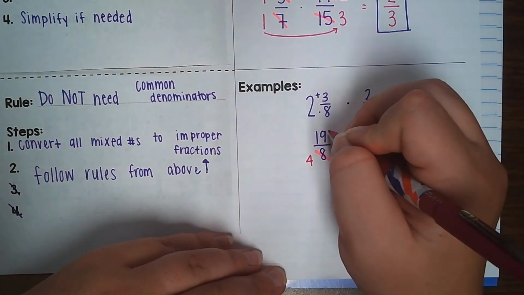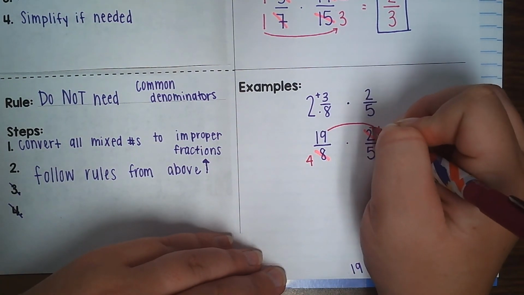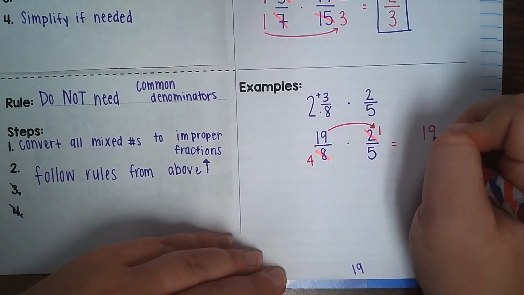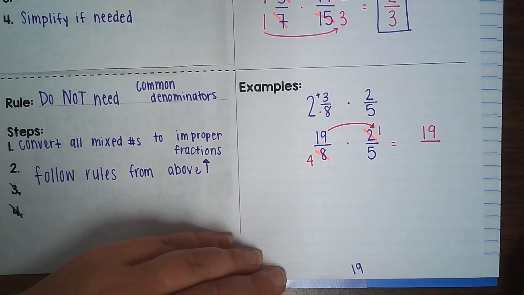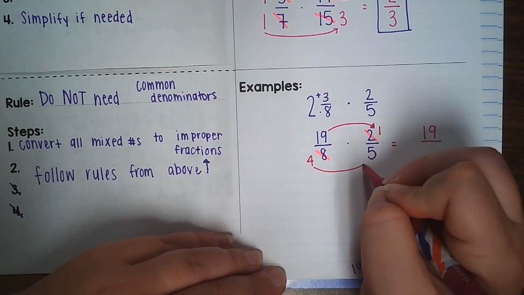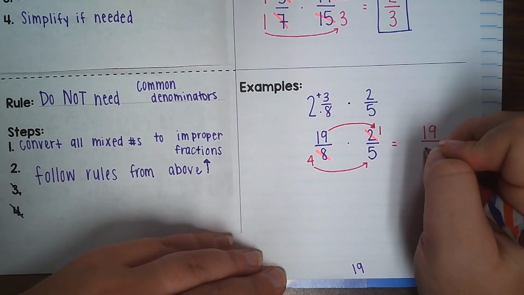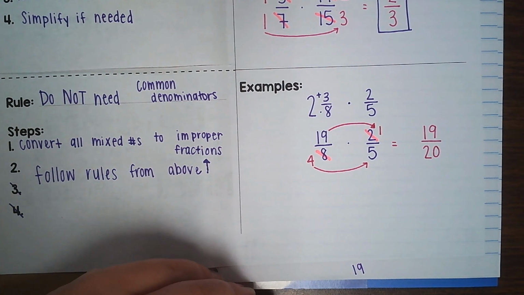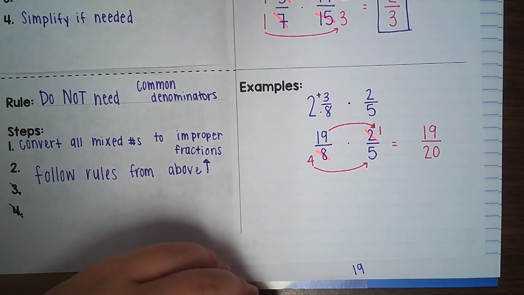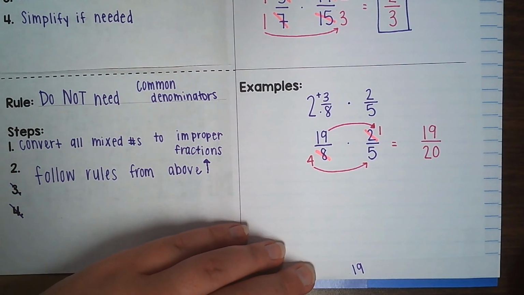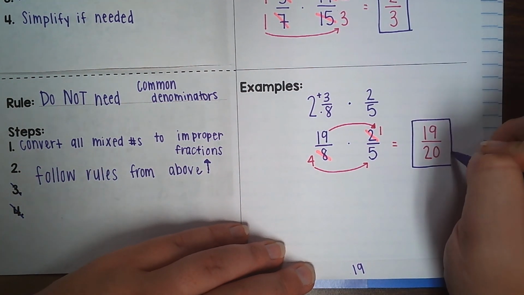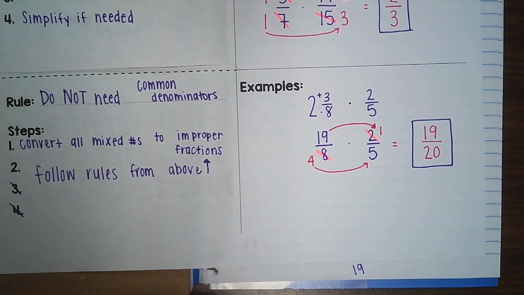So then we can multiply straight across. 19 times 1 gives us 19, and 4 times 5 gives us 20. We don't have anything that we can simplify between 19 and 20, so that is our answer. And that's it.